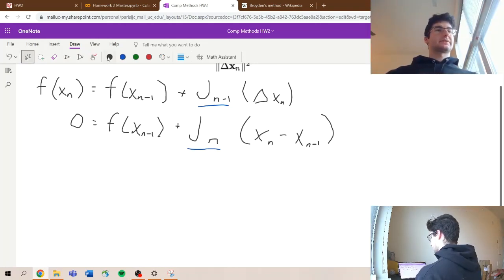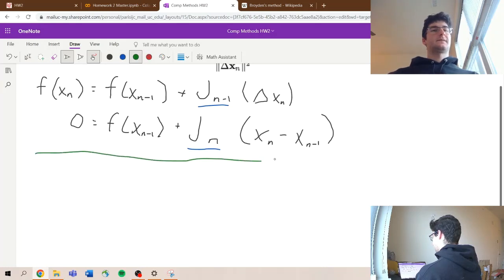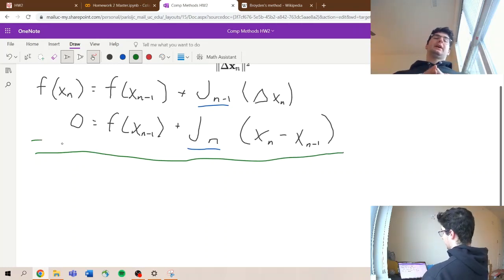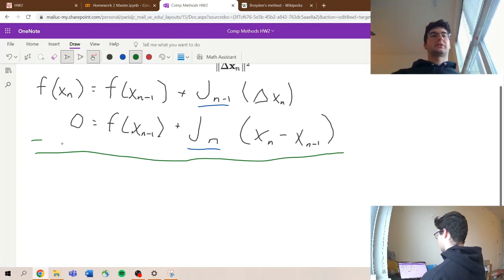So what Broyden suggested was, what if we just take these two equations here and subtract them from each other? Because Broyden didn't want to have to do these iterations every time he needed to find a 0 of a function, especially a multi-dimensional function. He wanted an easier approach.